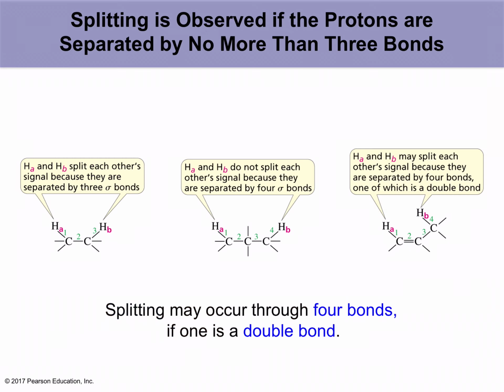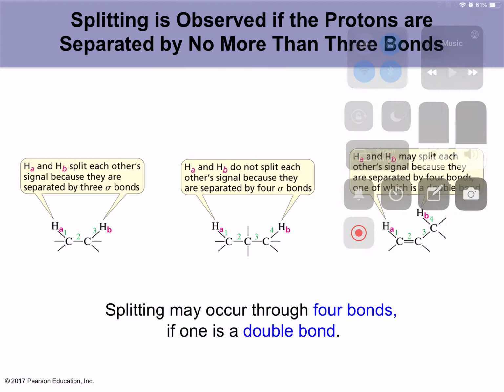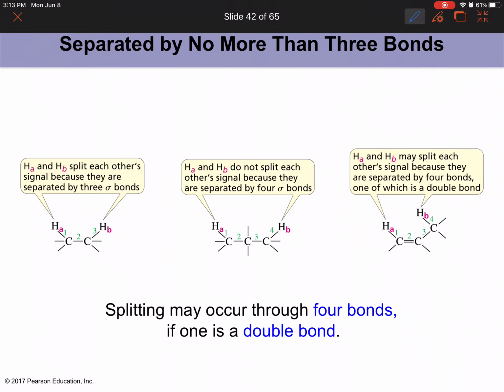Normally, splitting is observed with 3-bond coupling, meaning if you have a hydrogen, and then a carbon, and then a hydrogen, how many bonds are between? 1, 2, 3.